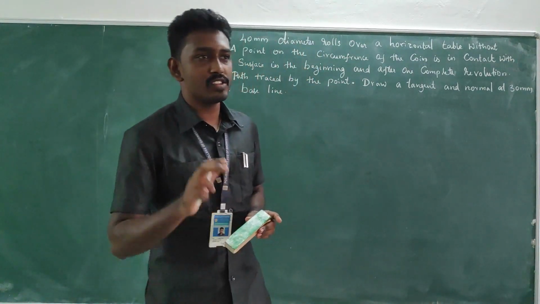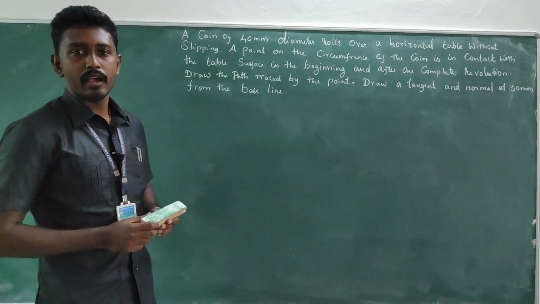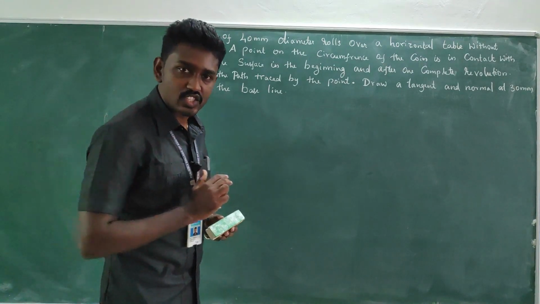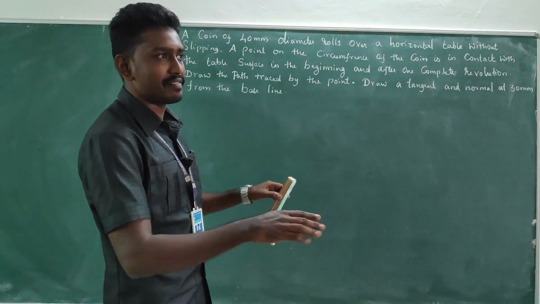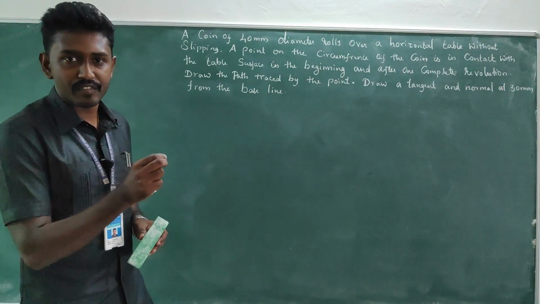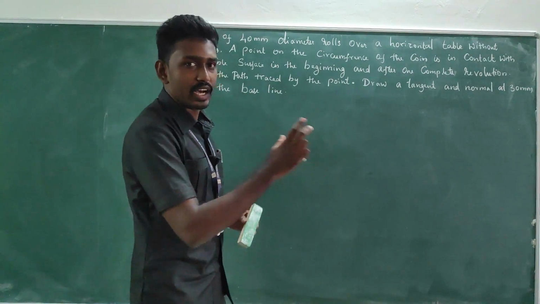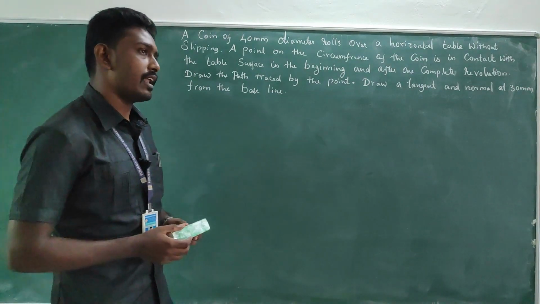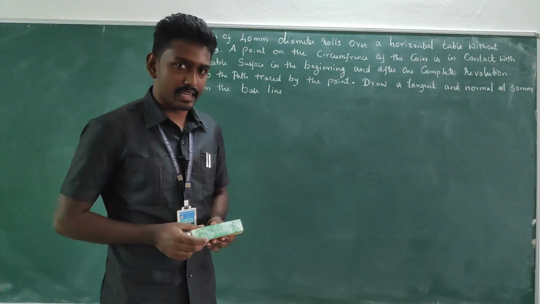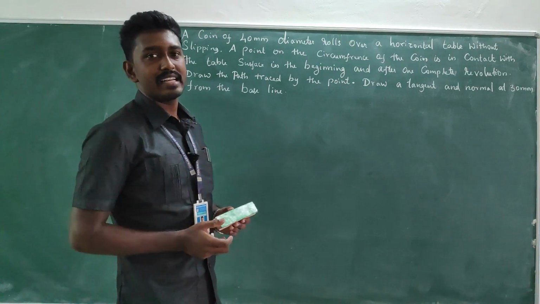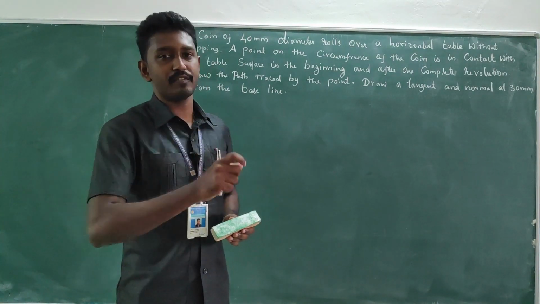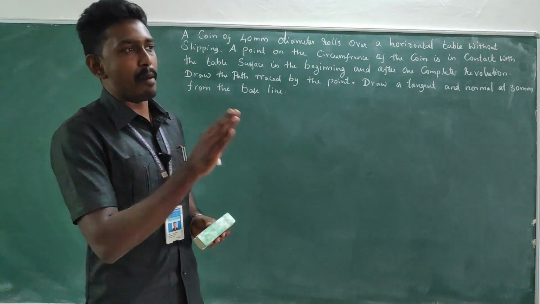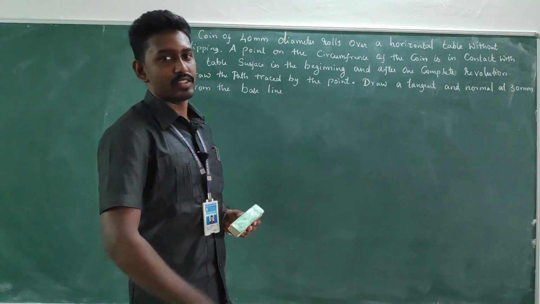A cycloid, as I said in the last video, is the curve traced by a point on the circumference of a circle when the circle rolls along a straight line path, that means a flat surface. When it comes to the epicycloid, it is a curve traced by the point on the circumference of the circle when the circle rolls above or outside another circle.